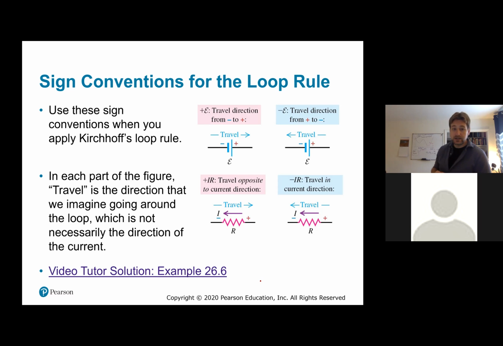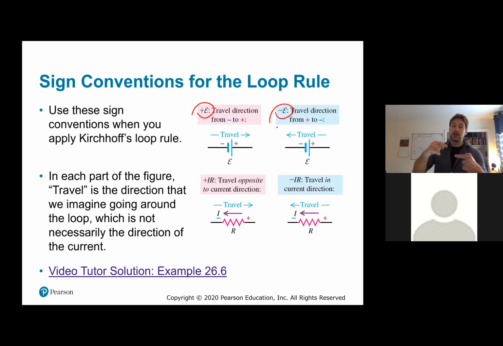Here are our conventions. If we are moving through a battery, through an EMF, from negative to positive, in our summation of potential differences, we'll call that a positive term. If we're moving the other way through a battery, we have to treat it like a negative term.